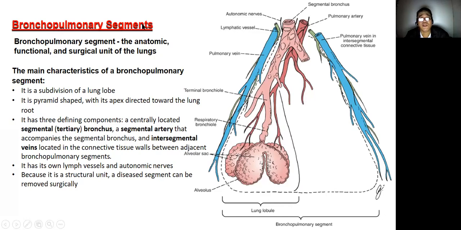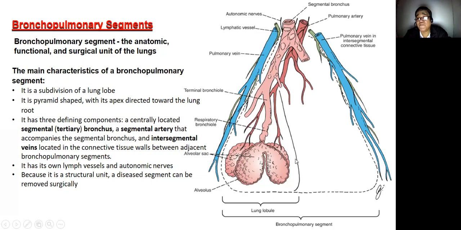What are bronchopulmonary segments? A bronchopulmonary segment is a division of the lobe of a lung. It is the basic anatomic and functional unit of the lung, and it is pyramidal in shape. It consists of several lung lobules.